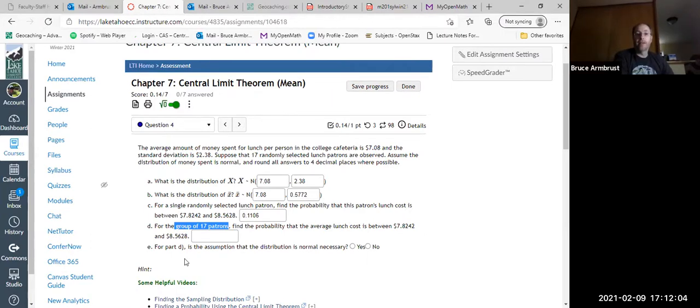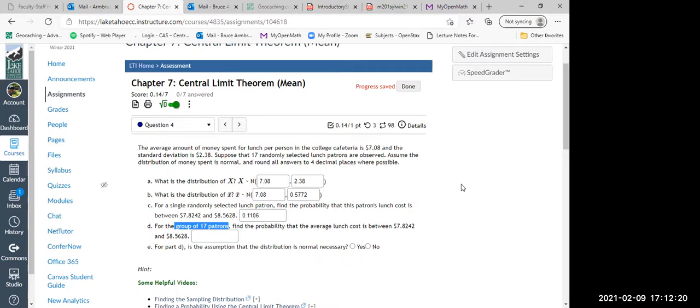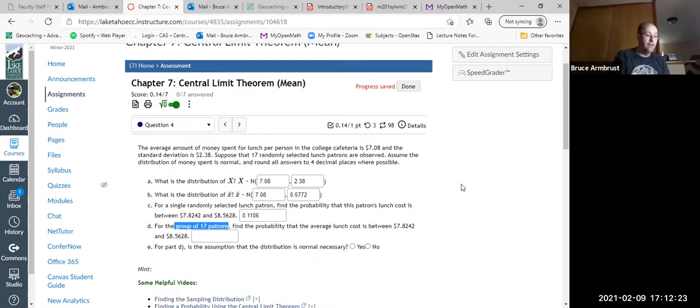And that's because now we're looking at the sample, right? So now we're using the distribution from part B. And what I get when I ran this, 0.0935.